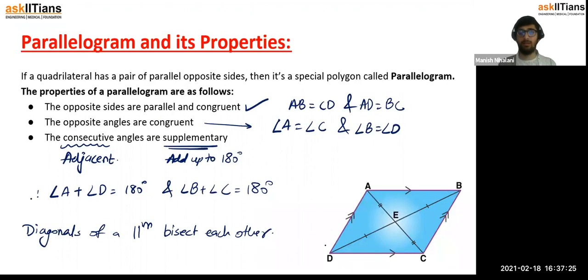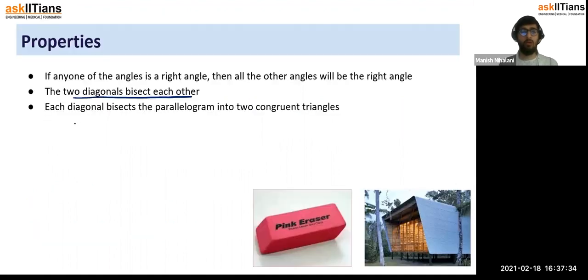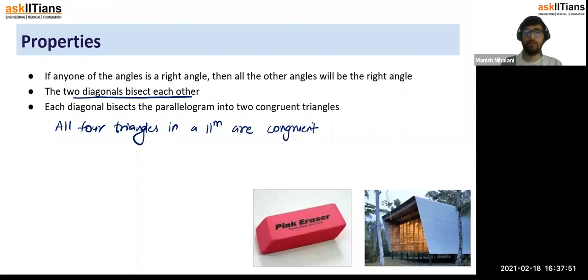So a diagonal BD will divide the parallelogram into two congruent triangles, which means all four triangles in a parallelogram are congruent, right? So in this case, you can say that if the adjacent sides are also equal, right?